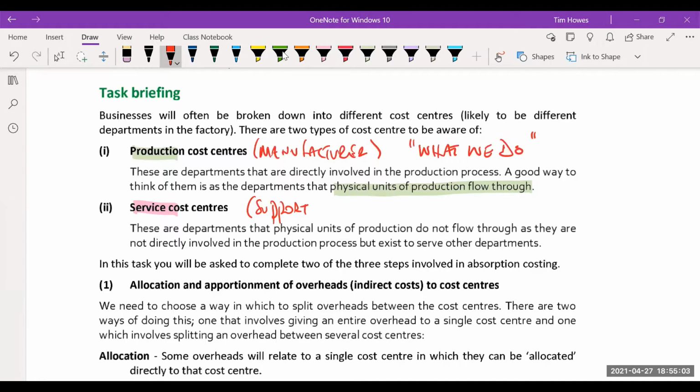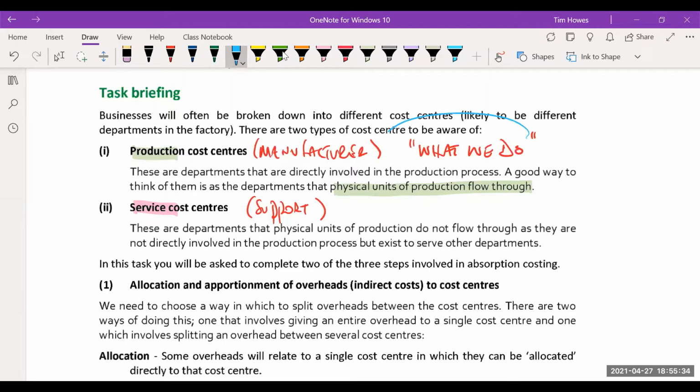It supports everything we do because, of course, people go in there to eat in between their shifts and things like that. I mentioned maintenance. Machinery's got to be maintained. I mentioned stores. The raw materials need to be issued into production. So this is fine, but don't be shocked if they don't call it a production cost center or a service cost center. If they talk about support, they might talk about a service even that we do.